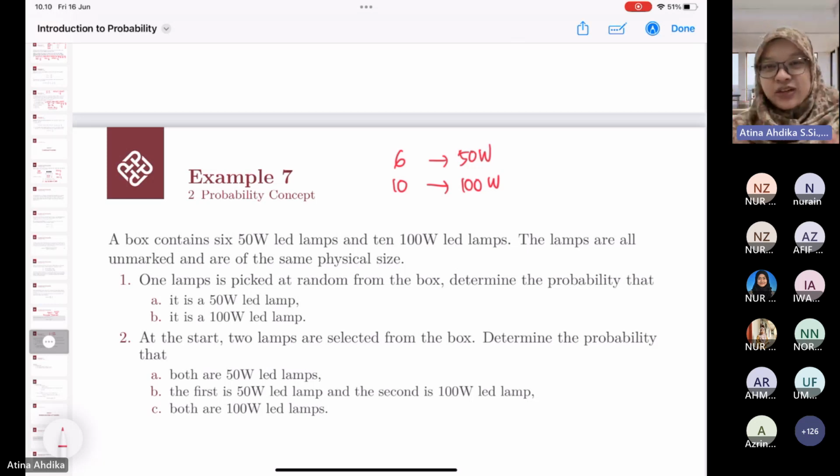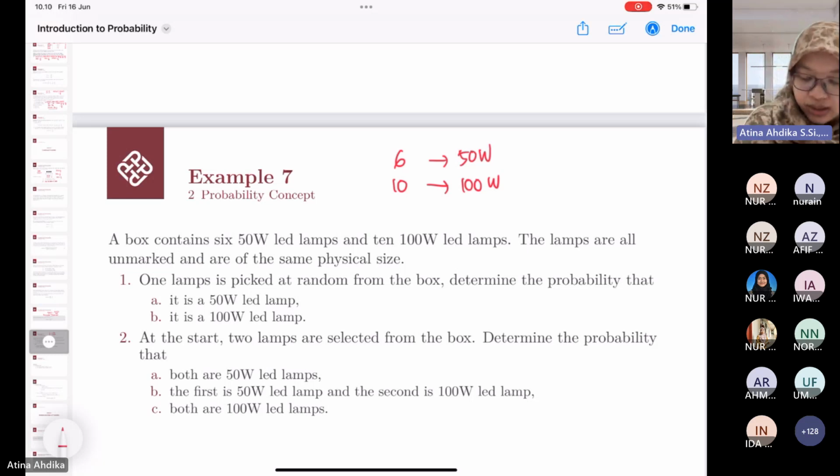So we cannot differentiate between them. For the first point, one lamp is picked at random from the box. We have to determine the probability that it is a 50-watt LED lamp for the first question, and for the second question, the probability that it is a 100-watt LED lamp.